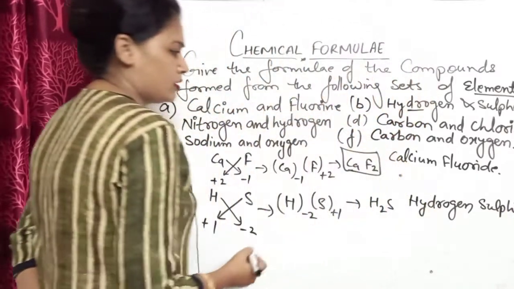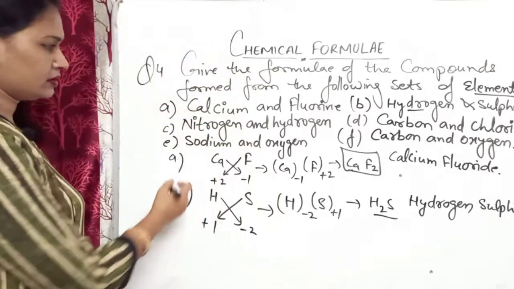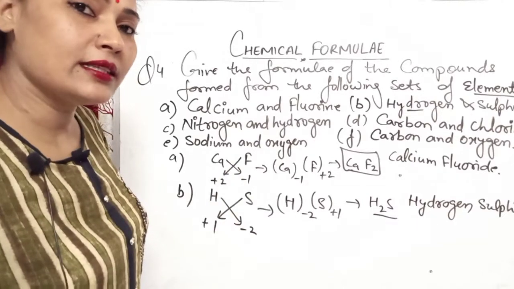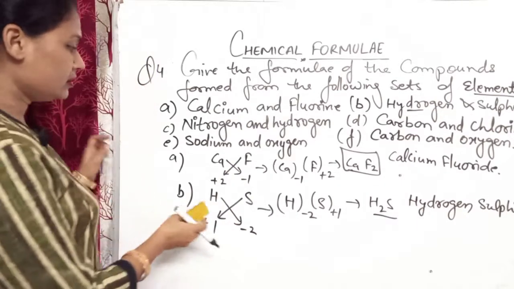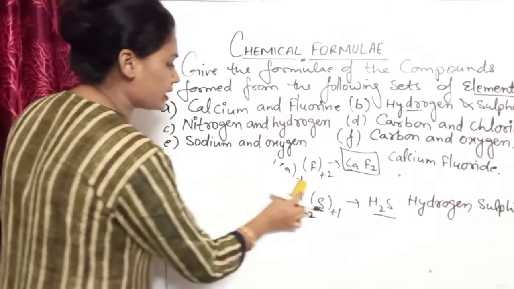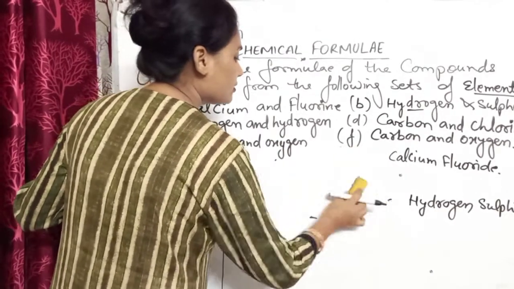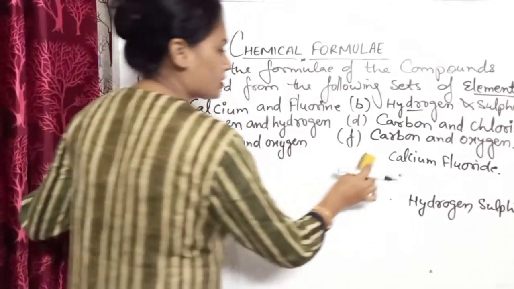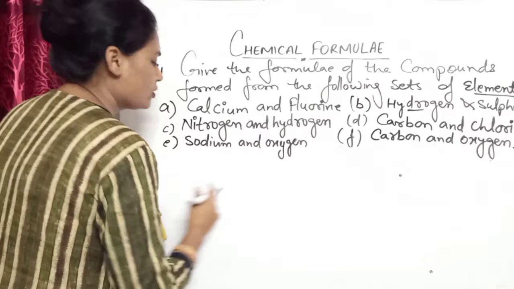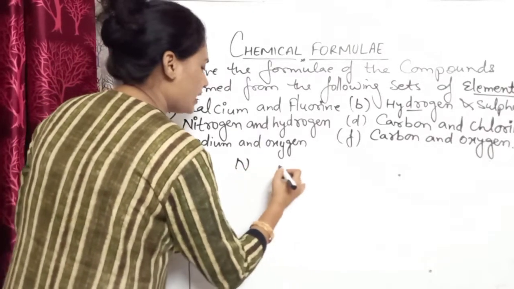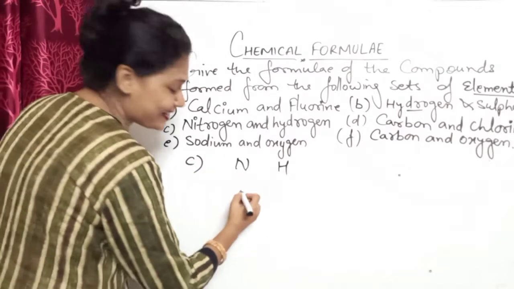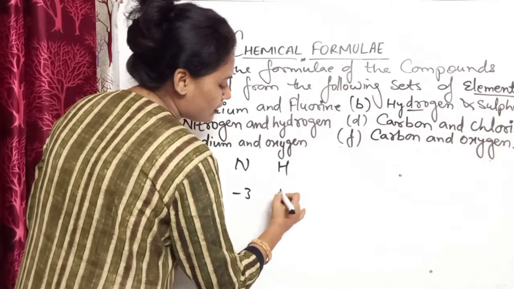Next one, that is nitrogen and hydrogen. You know that nitrogen is N and hydrogen is H. Nitrogen has -3 valency, hydrogen has +1 valency.